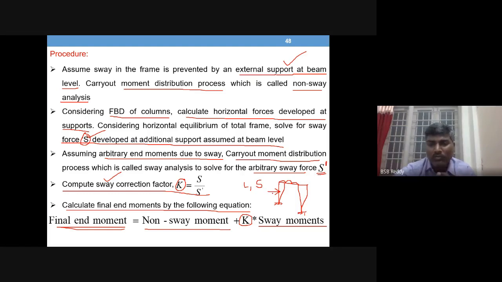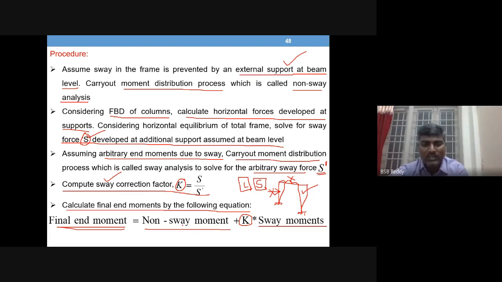So now what we are doing, we are separating these two and finding them separately. So because of loads means arresting sway, and I'm trying to find out the moments developed due to only the given loads. Then I'm taking sway alone, and I'm not taking any loads when I take sway, only sway, and I'll find moments, I'll add both.